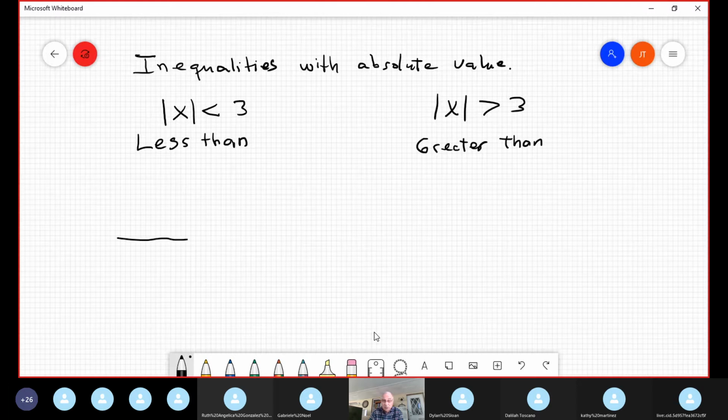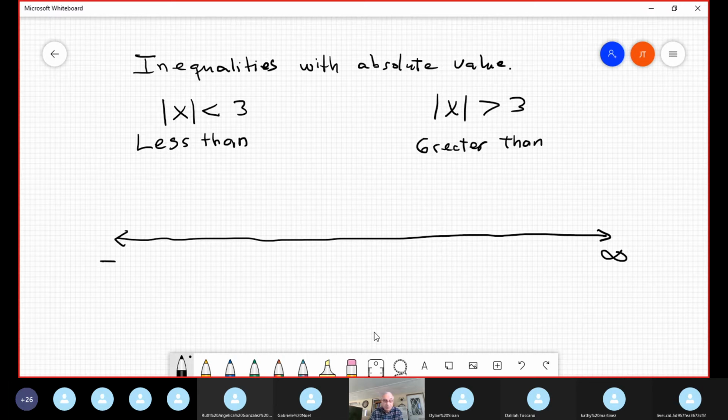To understand, again, one more time, I do the whole real number line. Infinity, negative infinity. 0 in the middle here. 1, 2, 3. 1, 2, 3. Negative 3. Okay. This is negative 3. Okay. Let me use a different color.